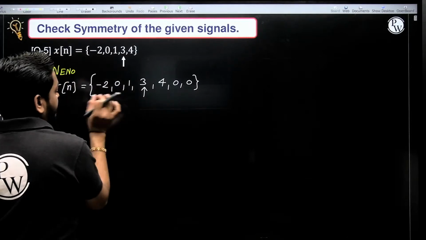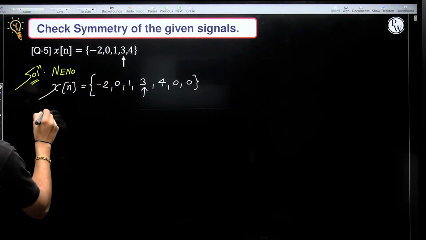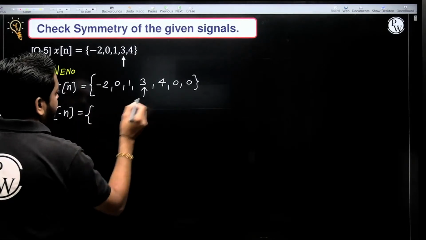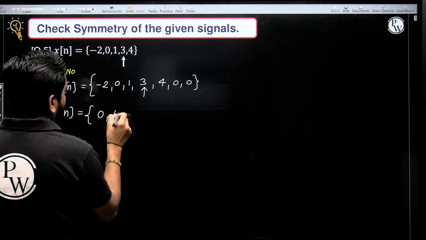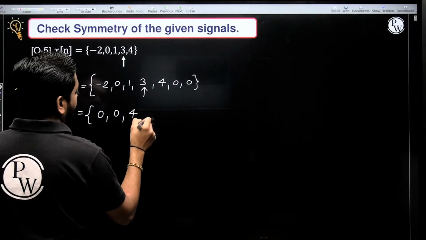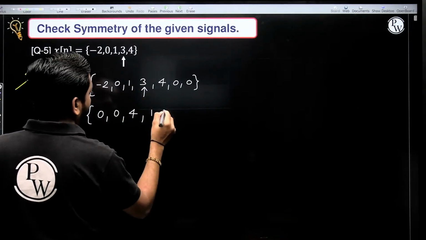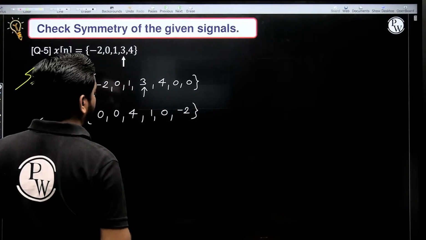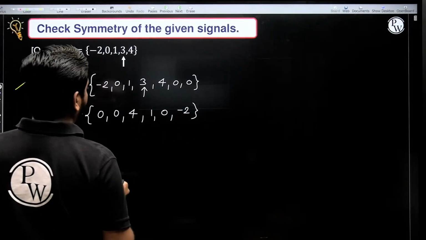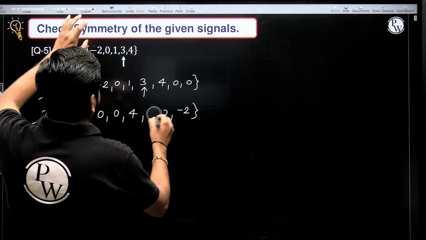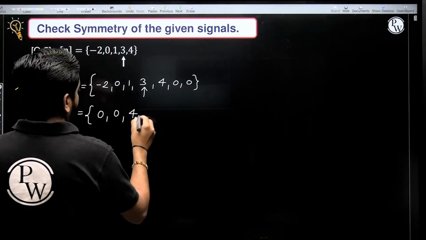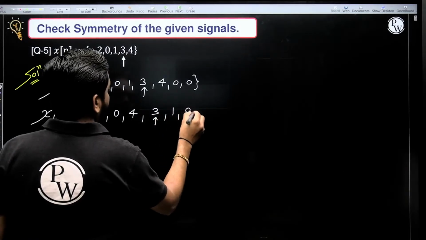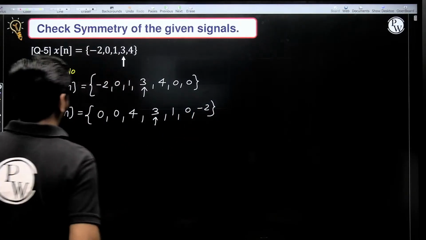Now 3 samples, 3 samples. Now time reversal, x of minus n: 0, 0, 4, 1, 0 and minus 2. Four, then 3, then 1, 0, minus 2.